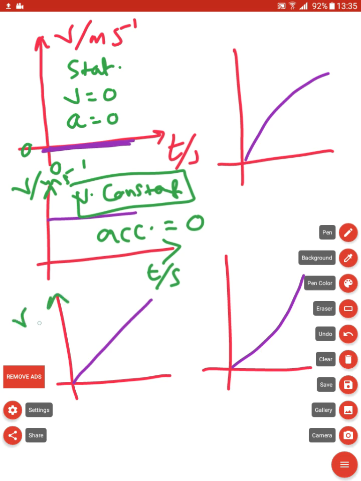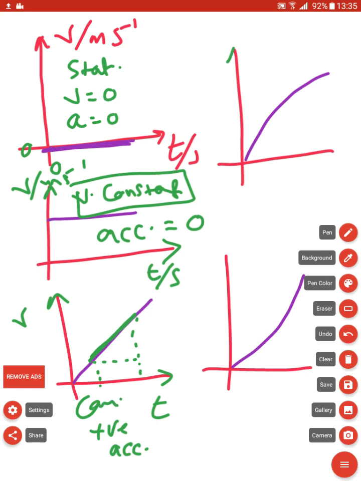In figure 3 here, velocity against time, the acceleration is also constant, but it has a value. It's not 0. It is the gradient of this line, v2 minus v1 over t2 minus t1. So here we have positive acceleration, which is constant acceleration.